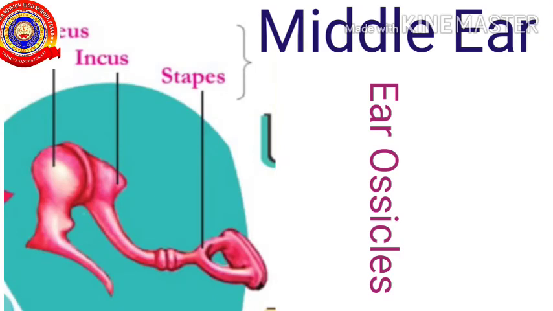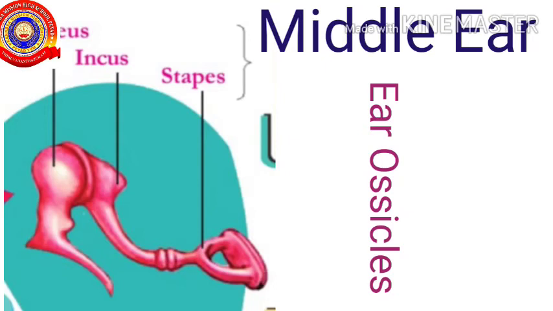Next is the middle ear. The middle ear consists of malleus, incus and stapes. Look at the picture here. You can see malleus and incus just attached, and these three constitute the ear ossicles.